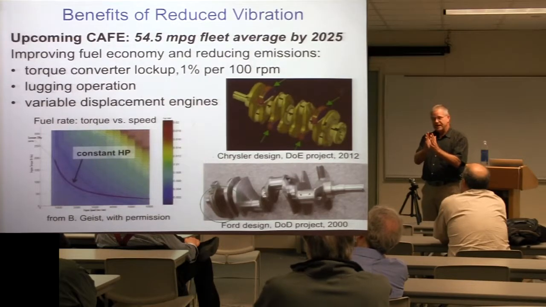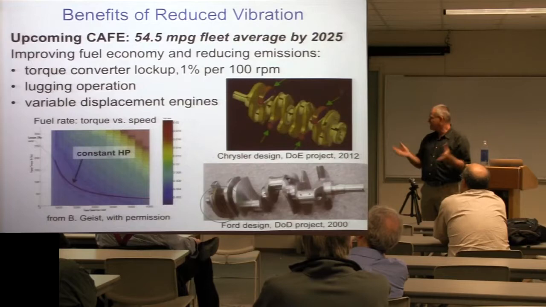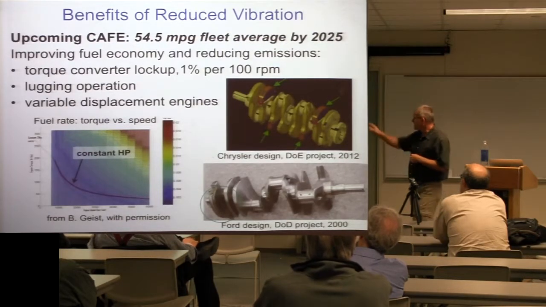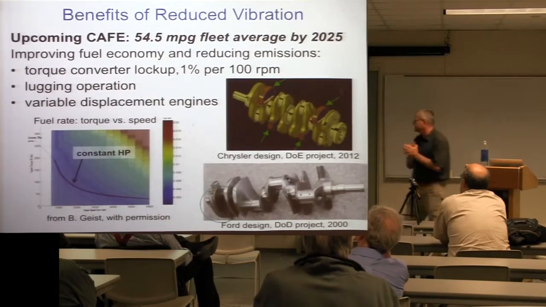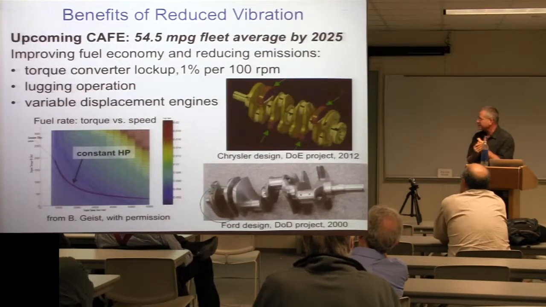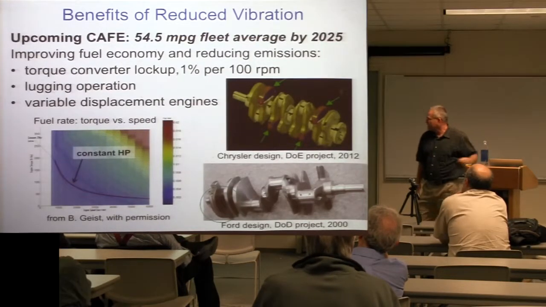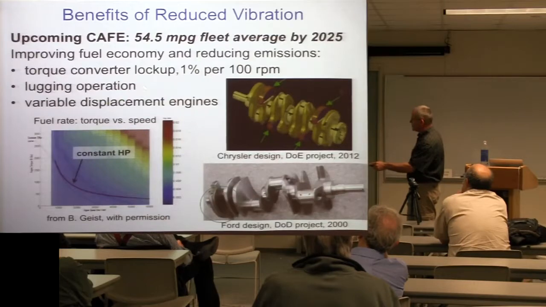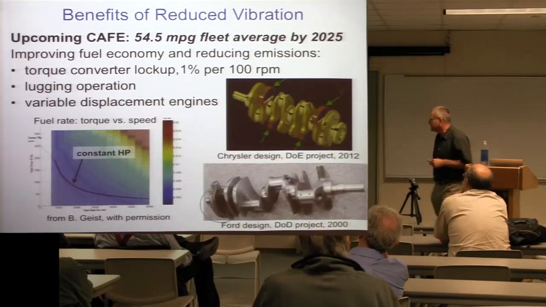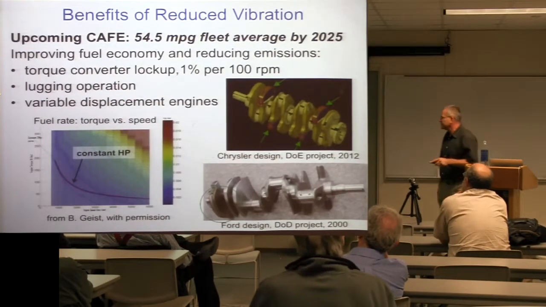The conditions under which that can happen depend on the torsional vibrations of the engine. If you can widen that envelope, essentially in terms of RPM, you get about a 1% fuel savings per 100 RPM. And right now, Chrysler is looking at about 500 RPM reduction in torque converter lockup. That's a serious number. The other thing, and this really is related to what we call lugging operation, which is low speed, high torque operation.